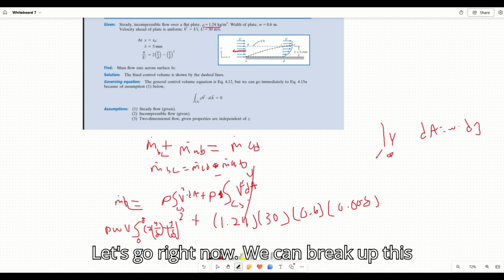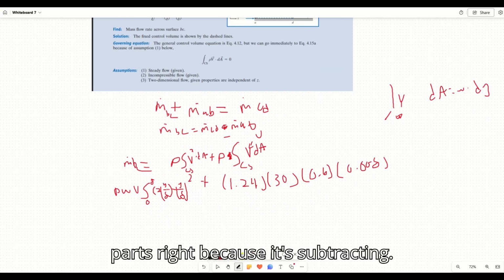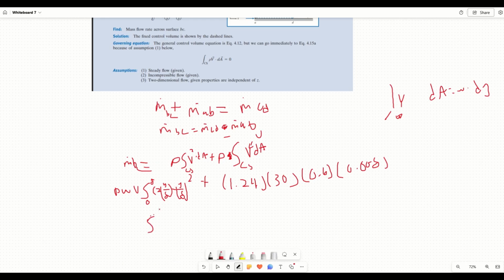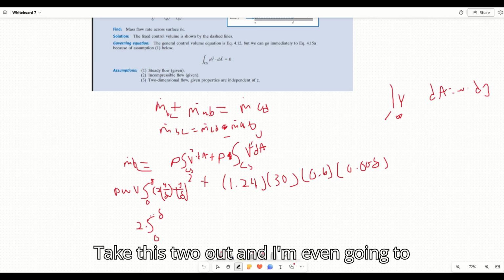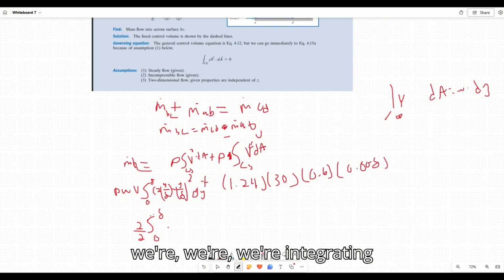squared. Now we can break up this integral into two parts, right? Because it's subtracting. Take this 2 out, and I'm even gonna take this out because we're integrating with respect to dy.